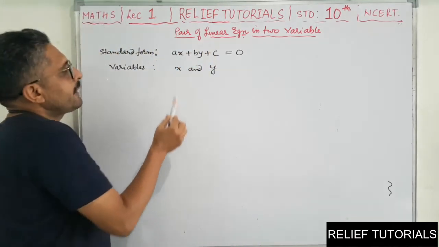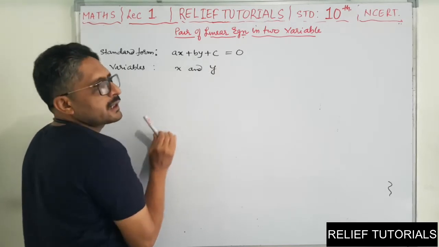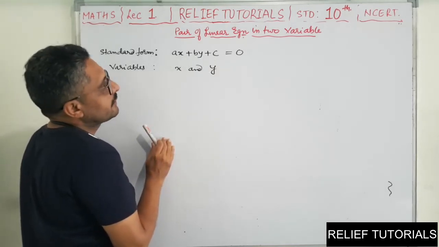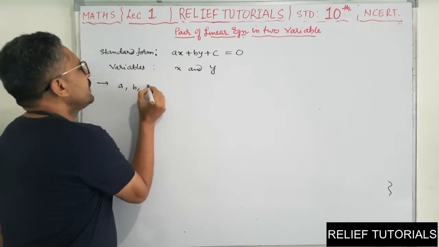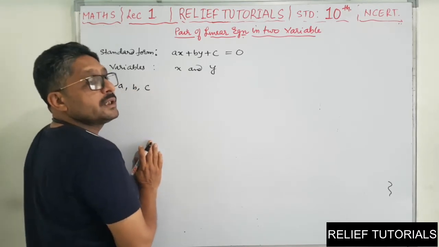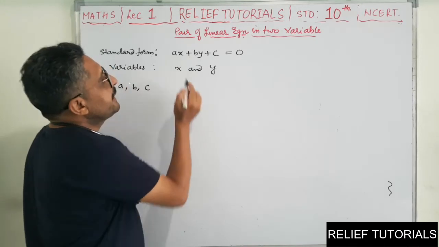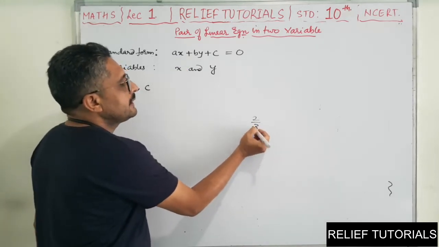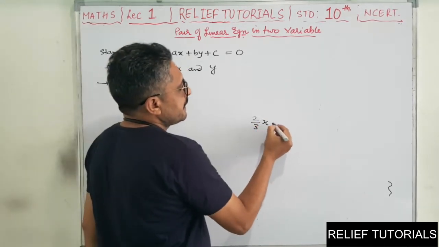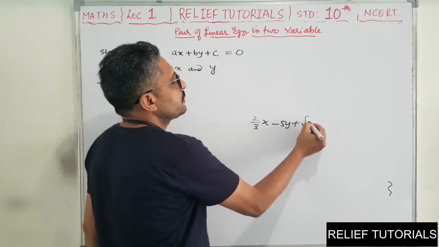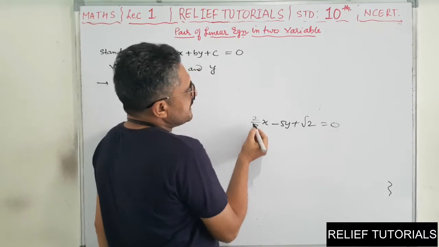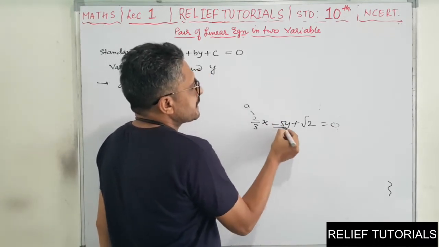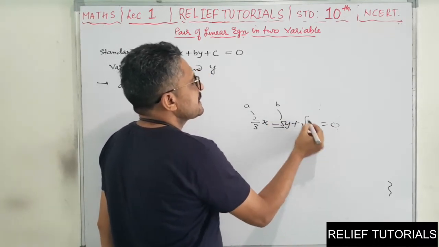So this is the standard form, and here a, b, c are constants. It represents a straight line, and a, b, c belong to real numbers. It can be anything. See, the equation can be 2/3 x minus 5y plus root 2 equals 0. So this is a, minus 5 is b, and this is c.